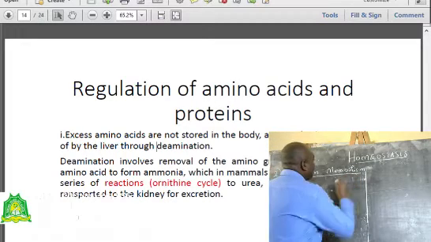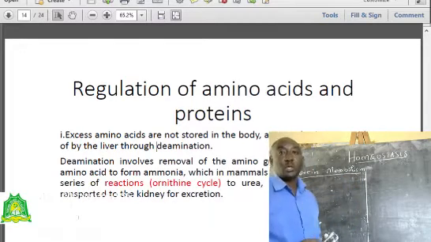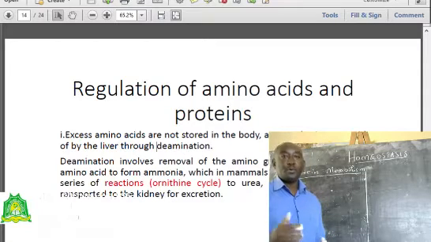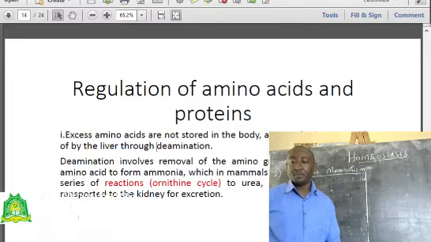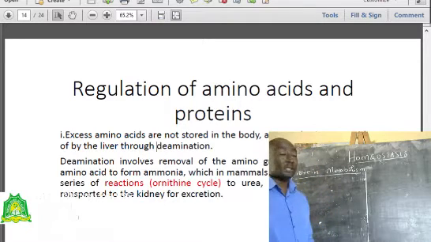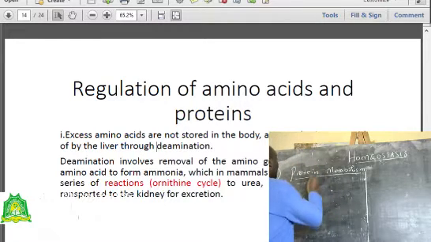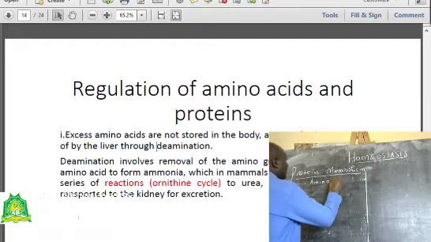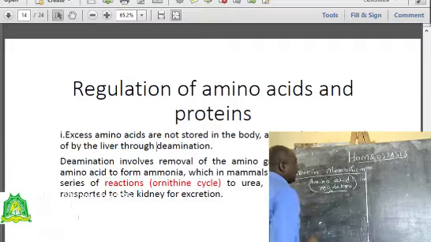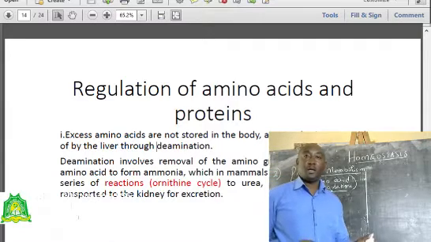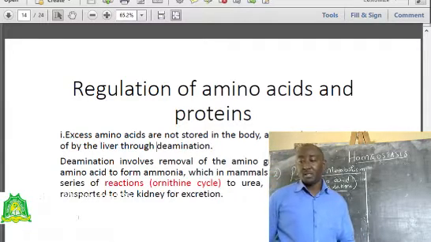Protein is one of those nutrients which are not stored in the body. We only take what is necessary, what is required. The excess must be eliminated from the body. So we have regulation of amino acid. It is the amino acid which is regulated, in the same way as we looked at carbohydrate and mentioned glucose.